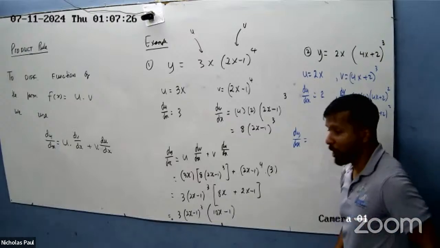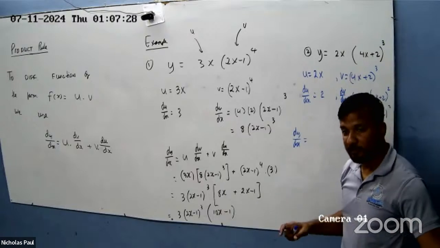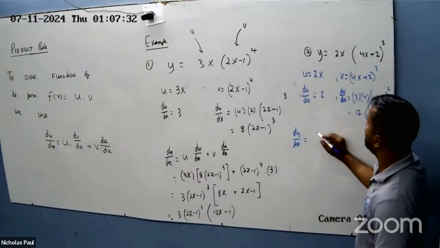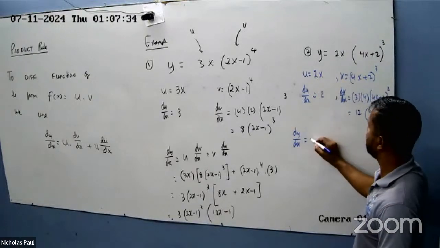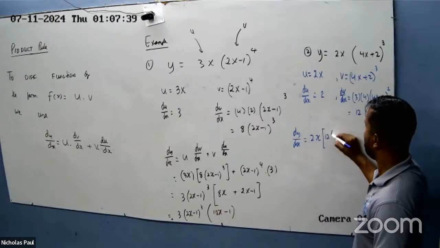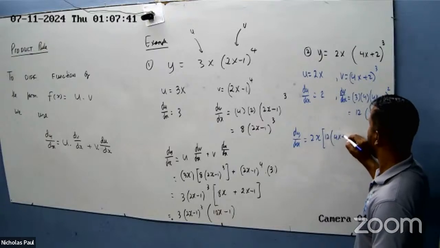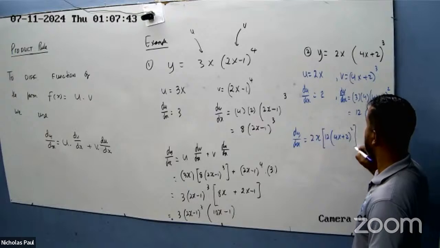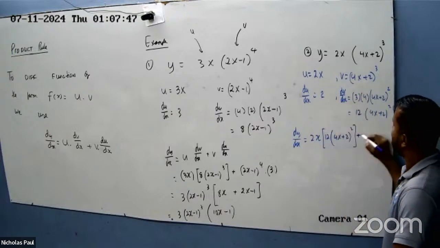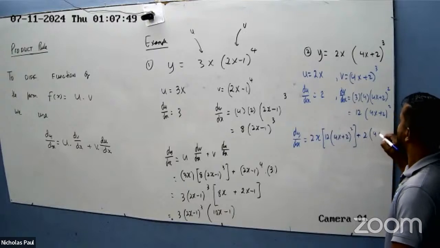All right, so I want to see you go all the way down, right? To the entire factorization step. So U by this, so that's 2x by 12 open brackets, (4x plus 2) squared, close brackets, plus this by this, which is 2 by (4x plus 2) cubed.